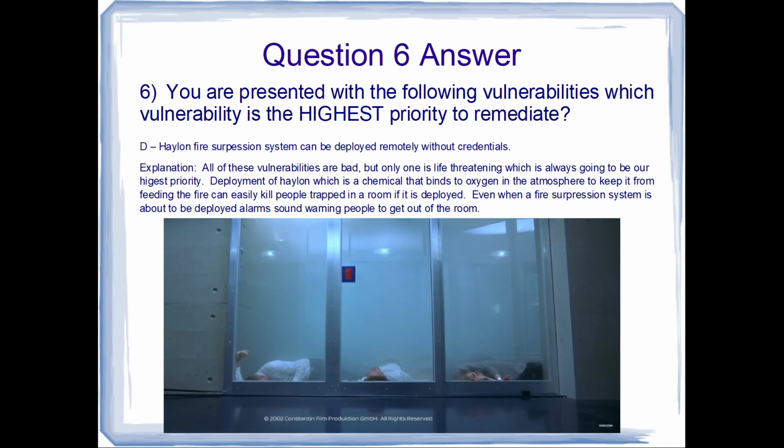All of these vulnerabilities are bad, right? Any one of them could cost us a lot of money or compromise anything in the CIA triad: confidentiality, integrity, availability. But only one is life threatening, which is always going to be our highest priority. Deployment of halon, which is a chemical that binds to oxygen in the atmosphere to keep it from feeding the fire, can easily kill people trapped in a room if it is deployed.